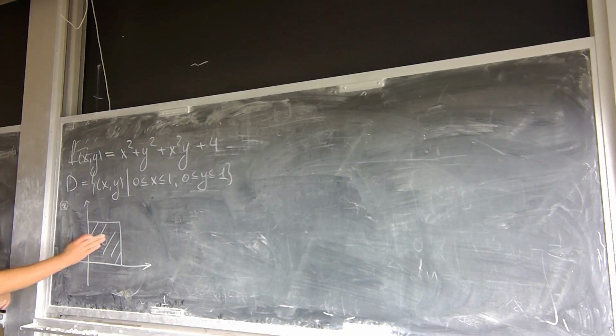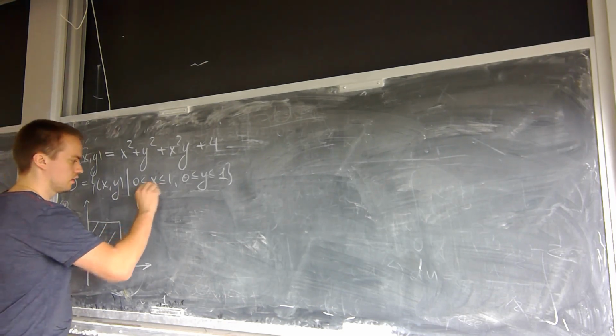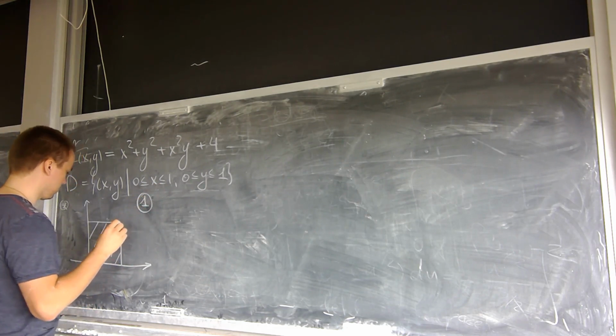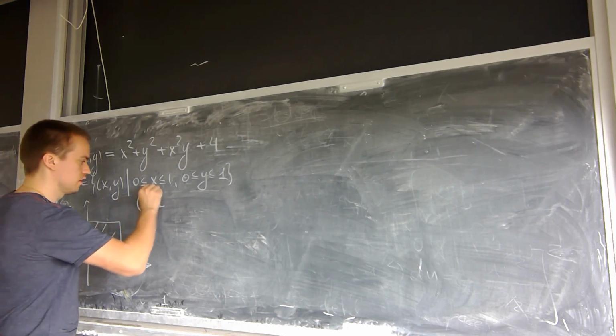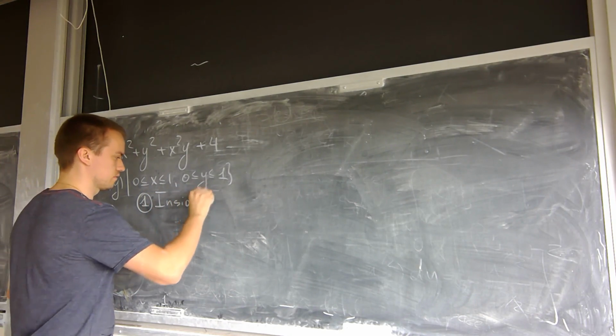So this is step 1. And for step 2, what do you need to check? I need to check along the edges. So let's do it. For step 1, let's find the local max and min inside the region.